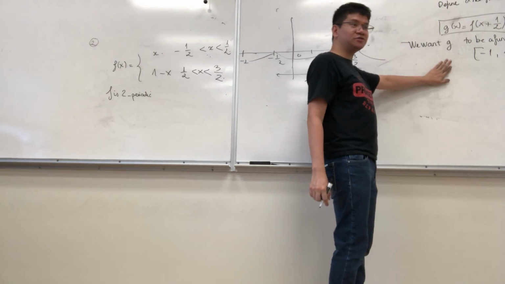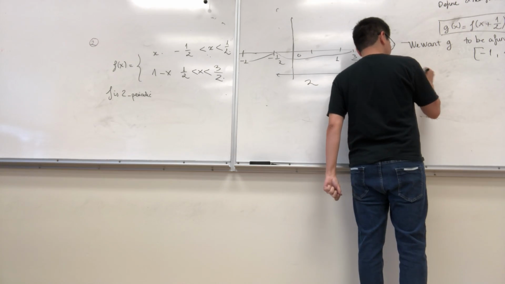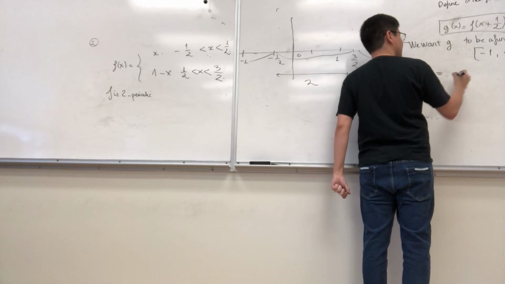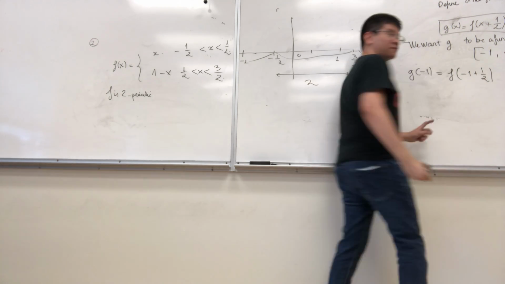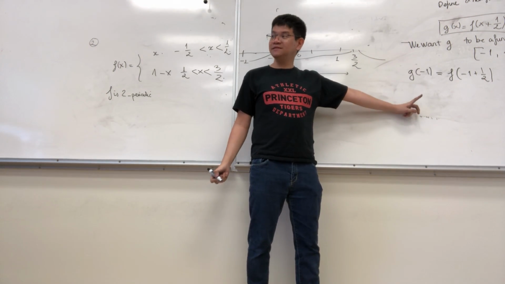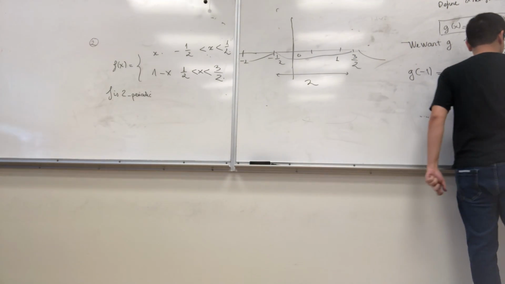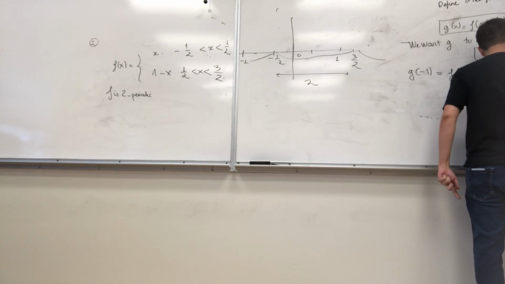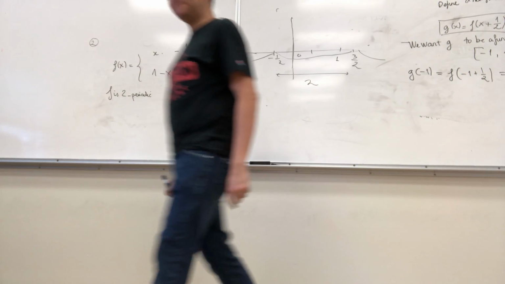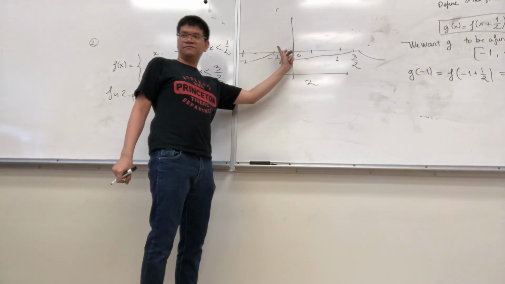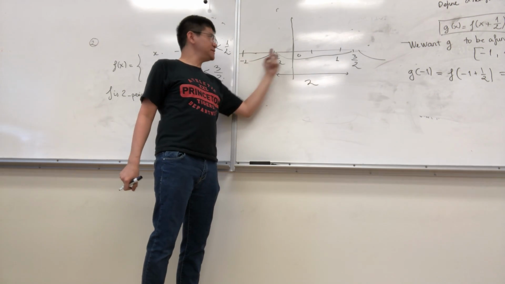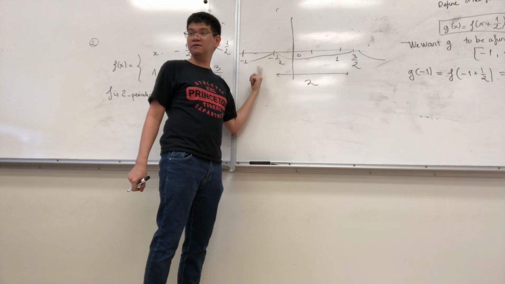Right? So let us check. So what is g of -1? So g of -1 will be f of -1 plus 1/2. Right? And this gives me f of -1/2. All right? So which means that the f of -1/2 here is really moved to -1 here. It's clear?